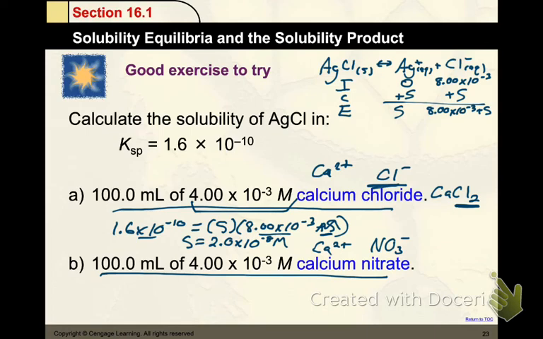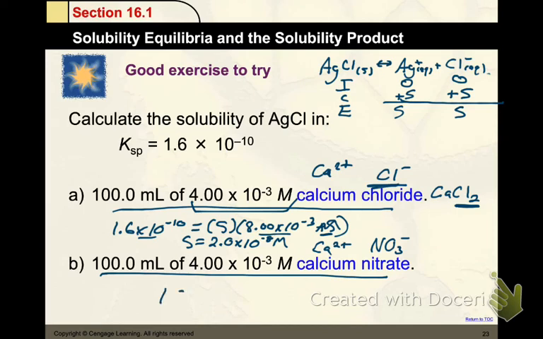So it doesn't really look like the nitrate's going to do anything either. So that means in the calcium nitrate solution, it's pretty much the same as if it were just in water. So we can change out this for the second problem to be 0 and plus S and S. So solving this is just like solving this in water.